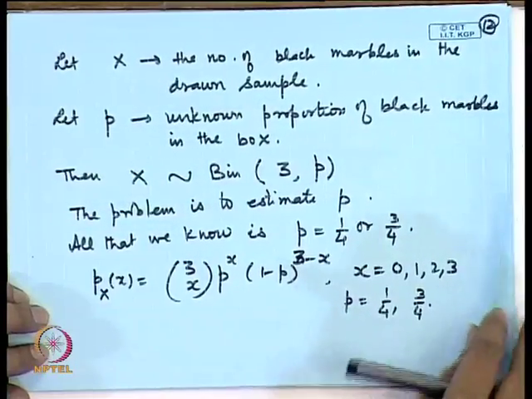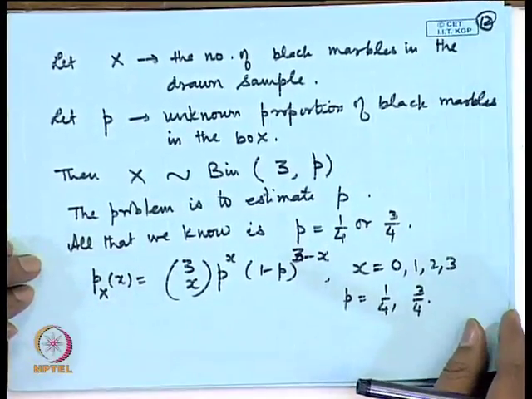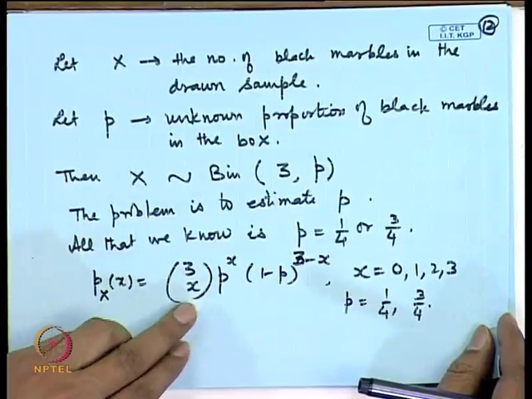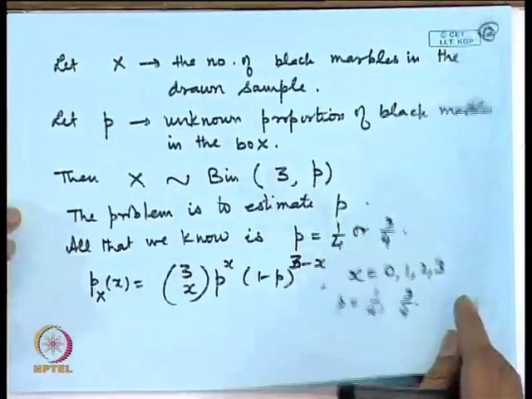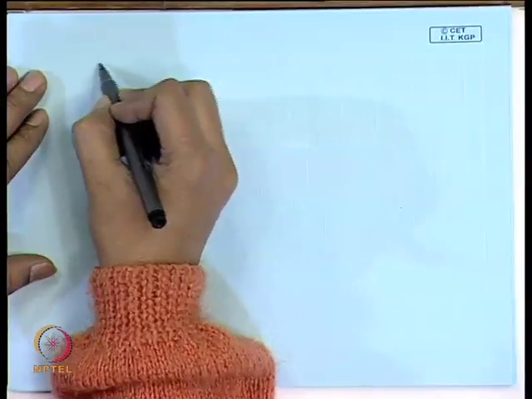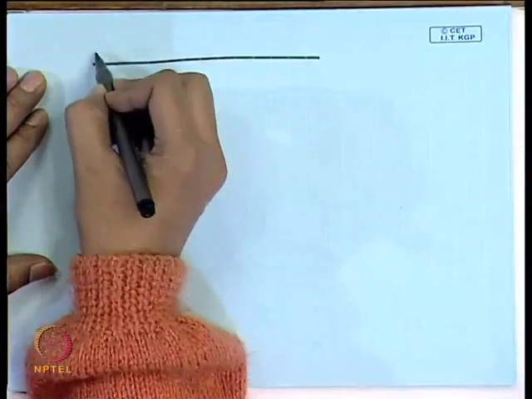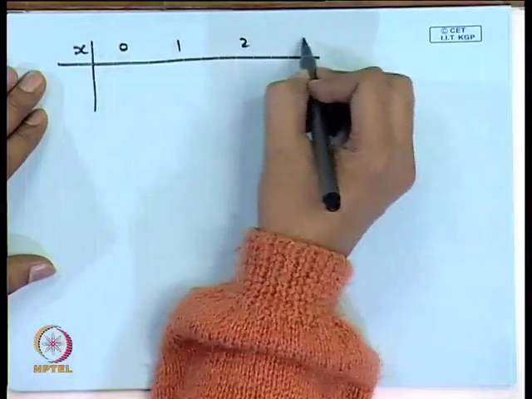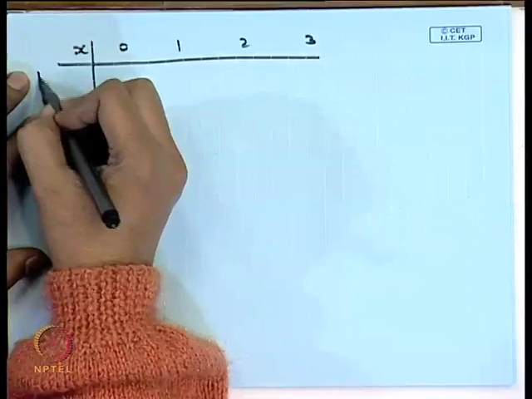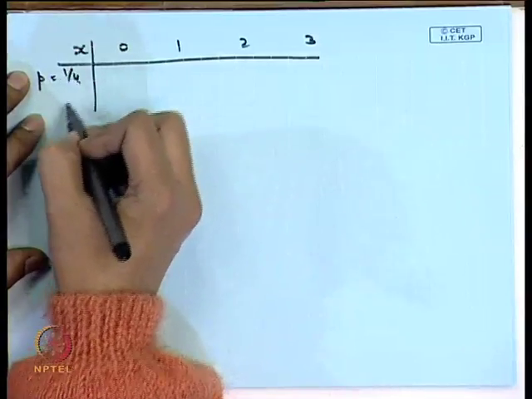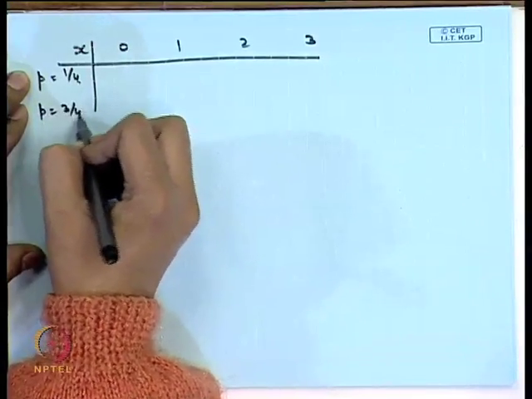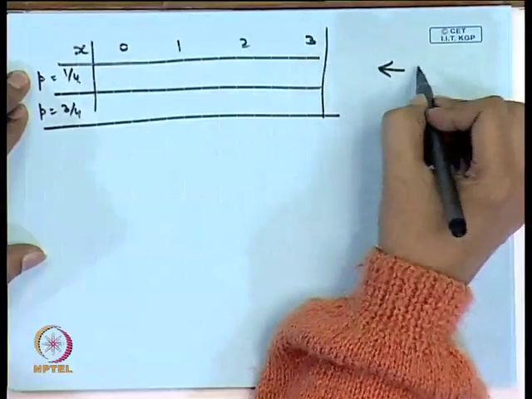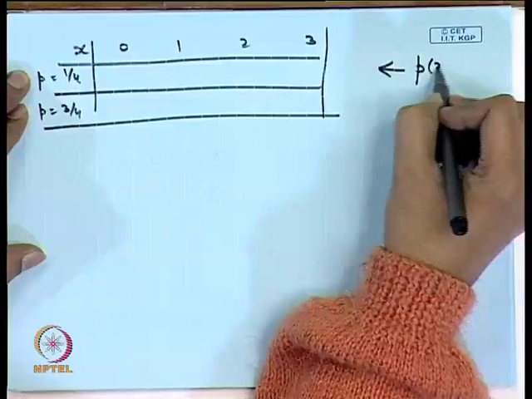Let us write down the probabilities of various possibilities based on this probability mass function. So, let me write it in the form of a table. X can take values 0, 1, 2 and 3, and p can take value 1/4 and 3/4. On the basis of this, I tabulate in this table the value of p(x).